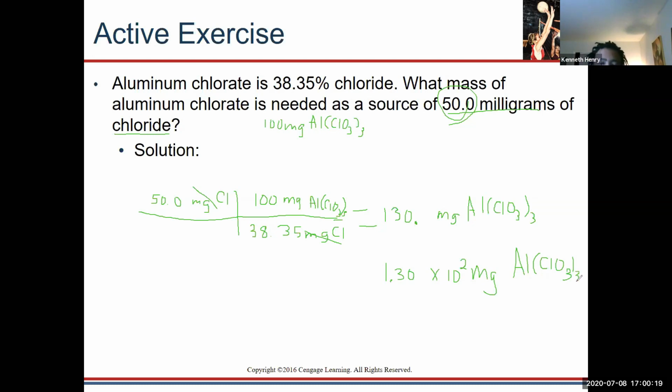And that's what you were getting, Tiffany. You just forgot the times 10 to the second part of it. Okay, so either one would be fine, right? But you want to make sure you put your decimal there, as your place holder, so that we know you have 3 significant figures, if you're going to write it this way.